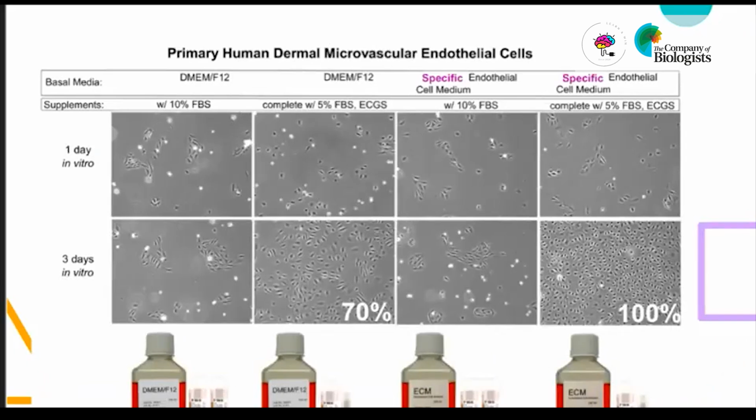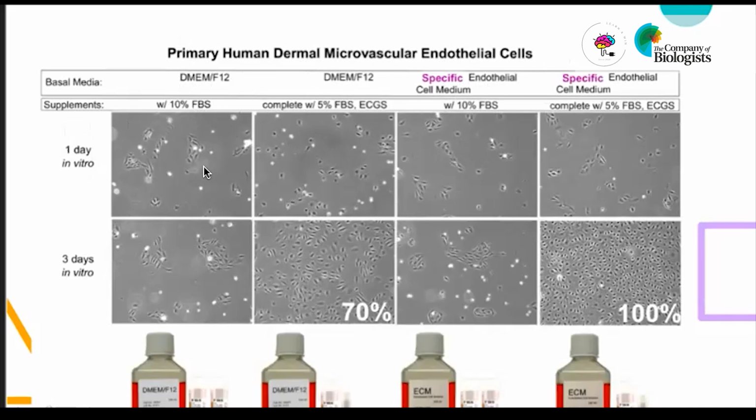This is an example of culture of primary human dermal microvascular endothelial cells. We compared here two media, DMEM F12 and a specific endothelial cell medium. We also compared two supplements here and here.